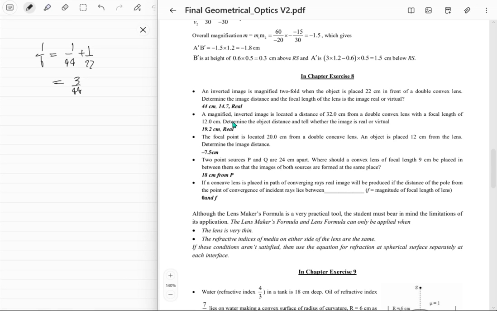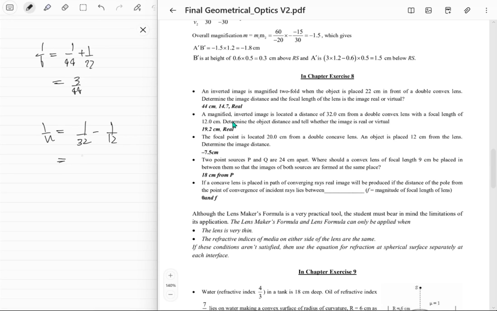Located at a distance of 30 centimeters from the double convex lens with a focal length of 12 centimeters. So your V is positive 32, your F is positive 12. So you just have 1 upon U is equal to 1 upon V minus 1 upon F, which is 1 upon 32 minus 1 upon 12.